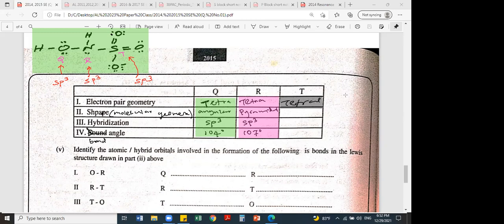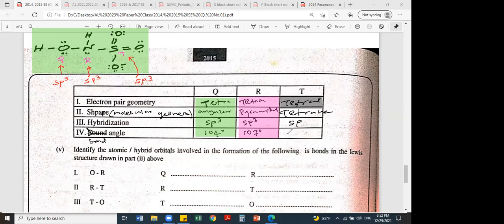Then what is the shape around T? T is sulfur. What is the shape around sulfur, the molecular geometry? Can you quickly post the answer in chat? Very good, it's tetrahedral. Answer is correct. And what is the hybridization? sp3.